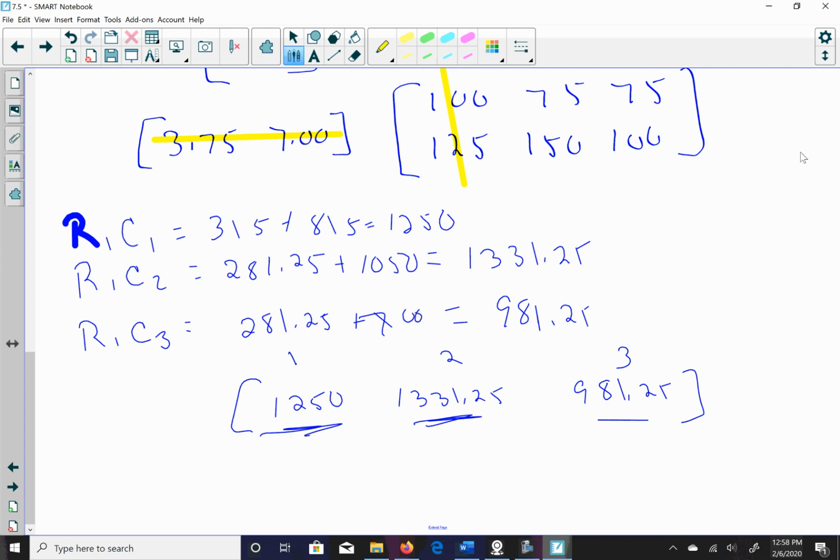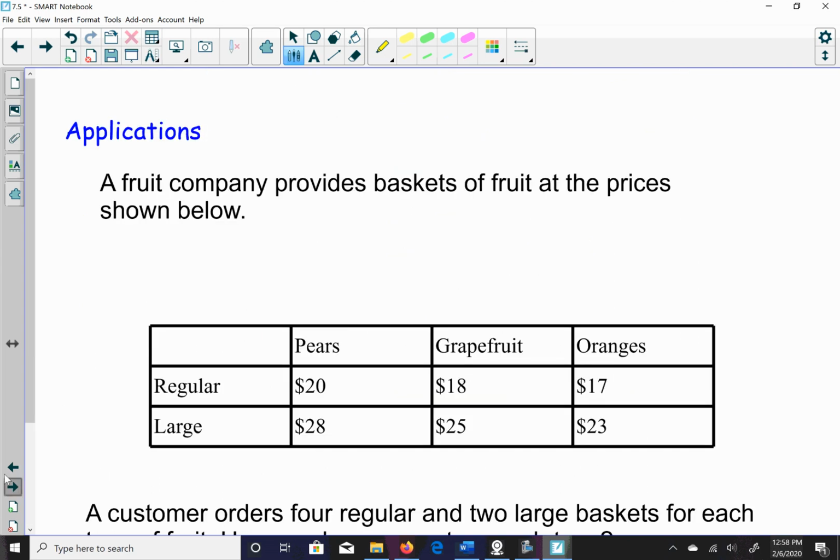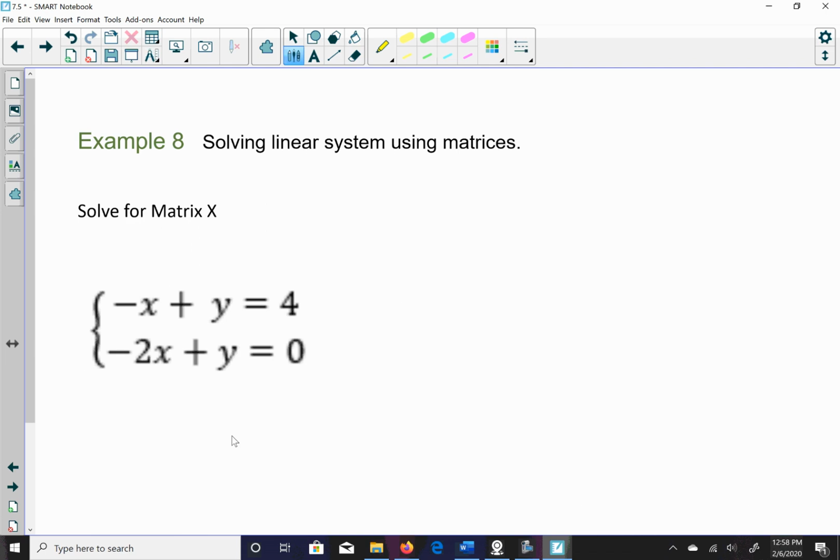The last thing we have to talk about is solving systems with matrices. So if I want to solve for matrix X using linear systems, I'm going to have to put it in a form where I say that AX is equal to B. A is going to be my coefficients.